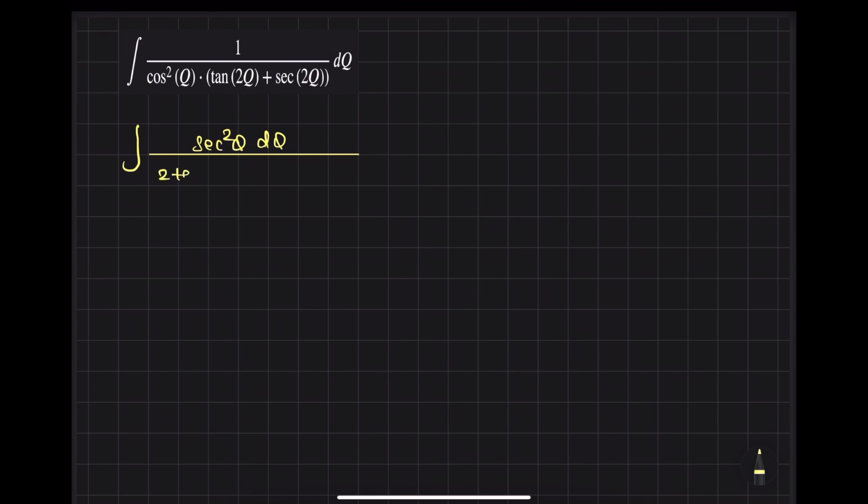So it is 2 tan theta upon 1 minus tan square theta plus, can I write this sec 2 theta as 1 by cos 2 theta? Now do you remember cos 2 theta was what? Cos square theta minus sin square theta.